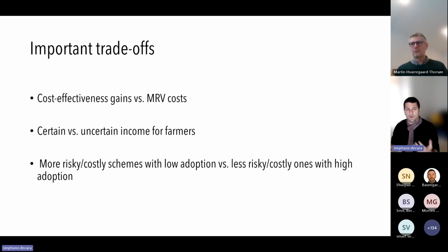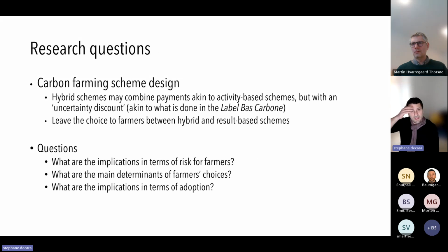And in the end, you're facing a trade-off between more risky or costly schemes, but with low adoption on the one hand, and on the other hand, maybe less risky, less costly schemes, depending on their design, but with maybe higher adoption rates. So that's what we explore.